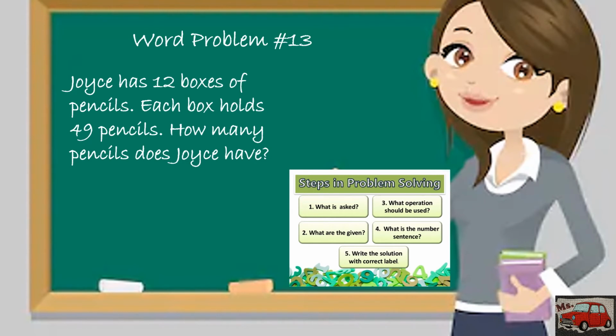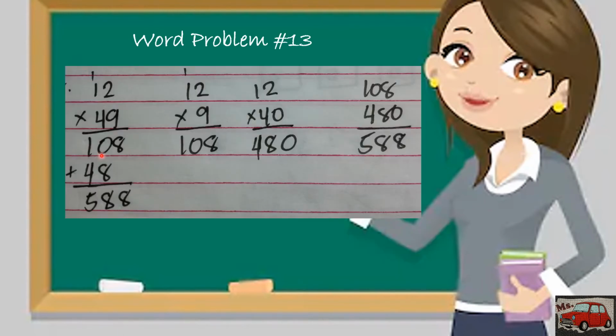Then let's solve. So we have here 12 times 49 and then we'll get 588. So ibig sabihin, 588 pencils yung total na nandun sa 12 boxes. Okay? So if you want to use the grouping, you'll just need to add the products and then you'll get the same answer, 588.